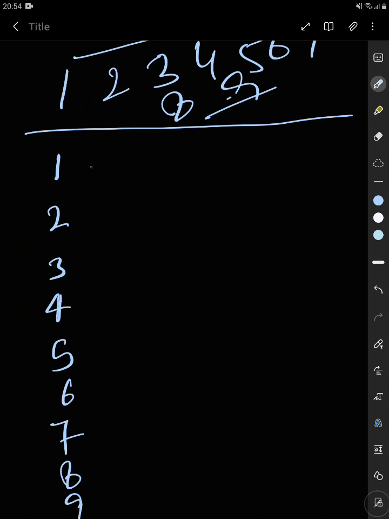In front of these we'll write the Roman numbers. For 1 we write capital I, for 2 we write two I's together, and for 3 three I's.